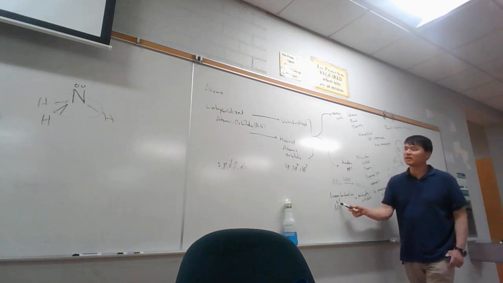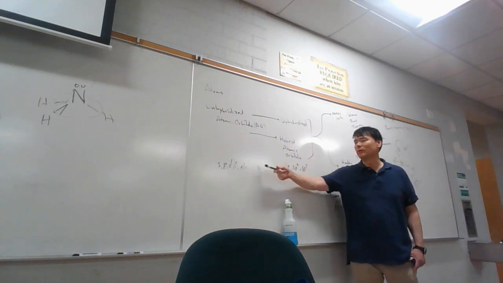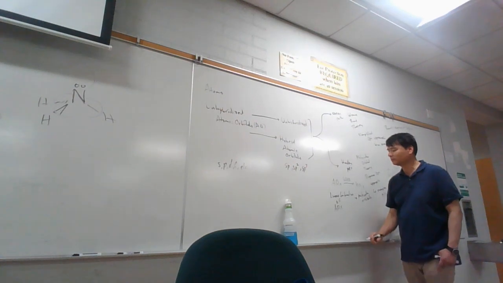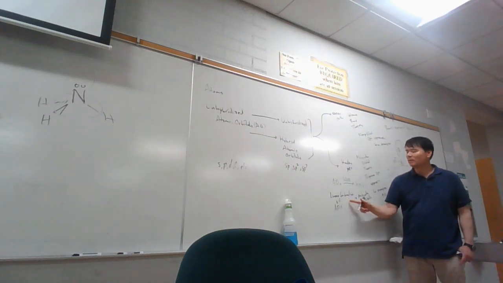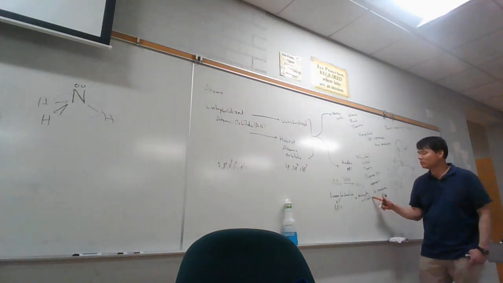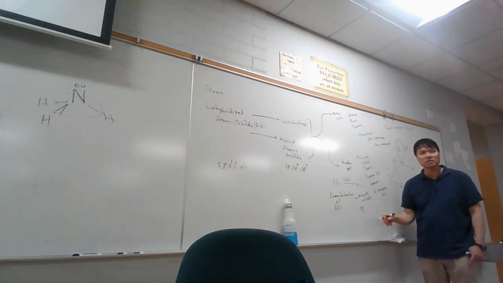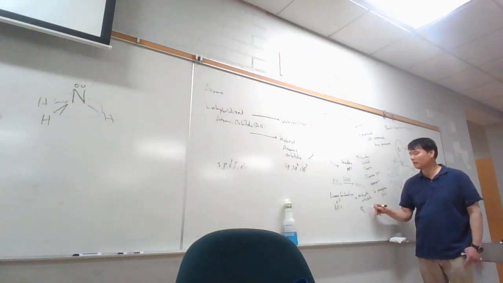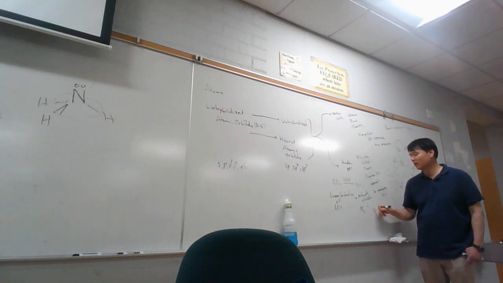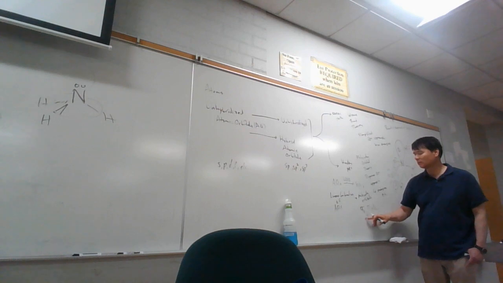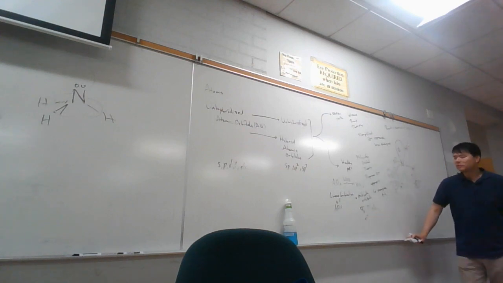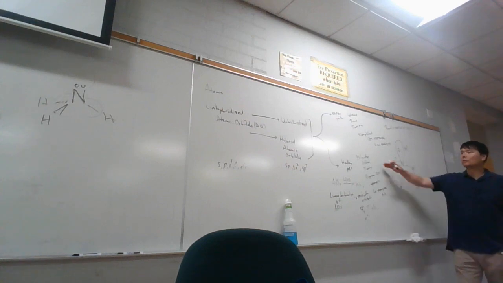So what we're going to do is take the atomic orbitals that we generated, whether they're hybridized or unhybridized, and do a linear combination of these atomic orbitals to generate a new set of molecular orbitals. And this new set of molecular orbitals can be based on unhybridized or they can be based on hybridized. And so we'll get sigma and then pi, etc. We'll have sigma star, pi star. And so it's a whole new set of orbitals that we would learn if we take the molecular orbital approach.